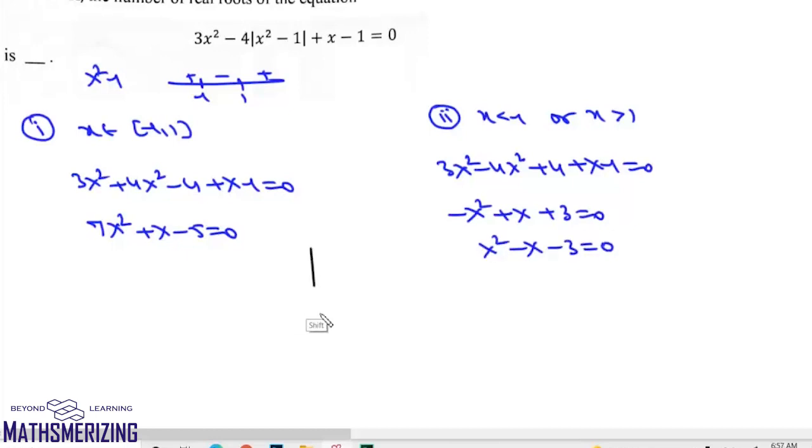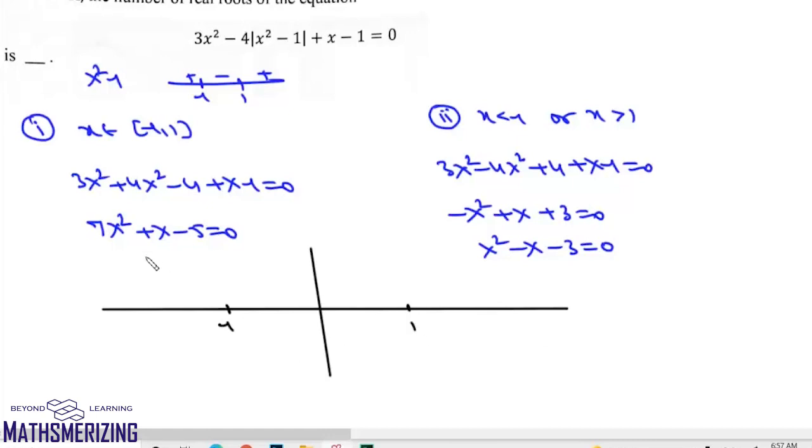Now here we just need to find the number of real roots. Now in between minus 1 and plus 1, we take this as some function f(x), which is 7x square plus x minus 5. Now if we put x as plus 1, we'll get this value as 8 minus 5, and 8 minus 5 is plus 3.